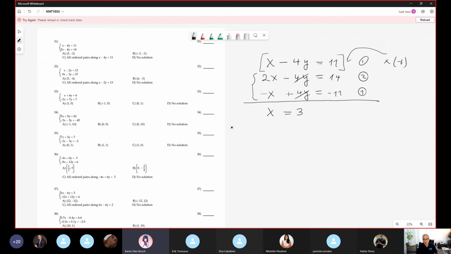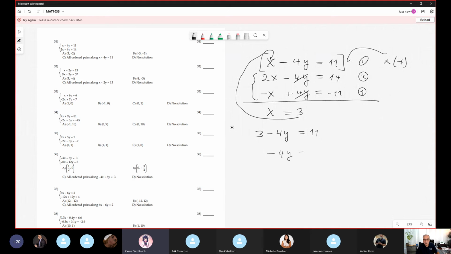Now, if you want to solve for y, you take either equation. Of course, I am smart, I take the easier equation. I substitute the 3 here, so 3 minus 4y equals 11.